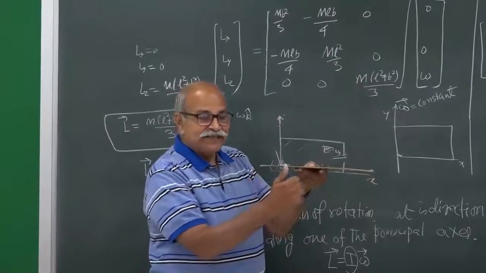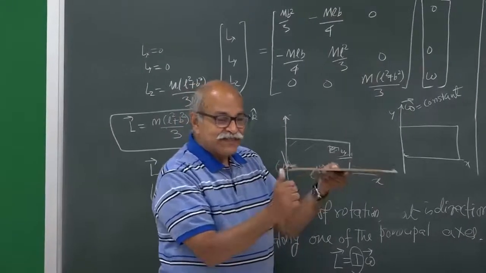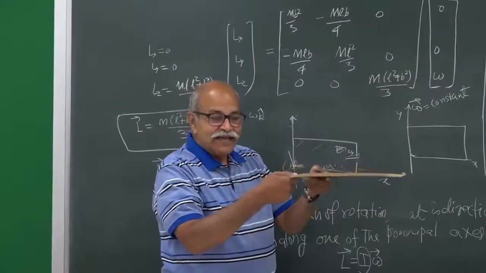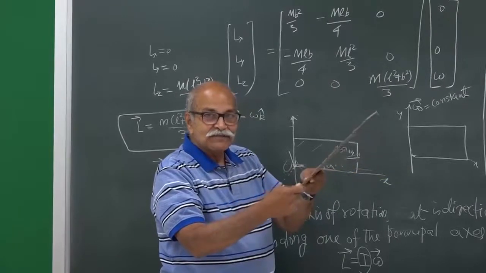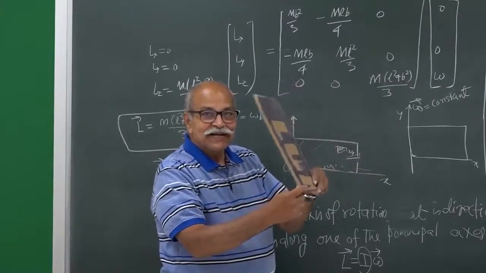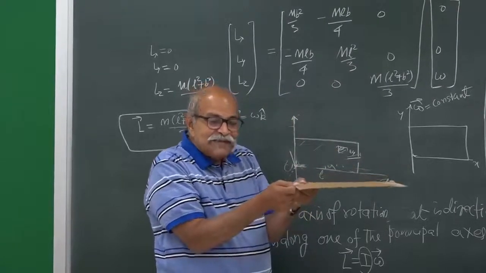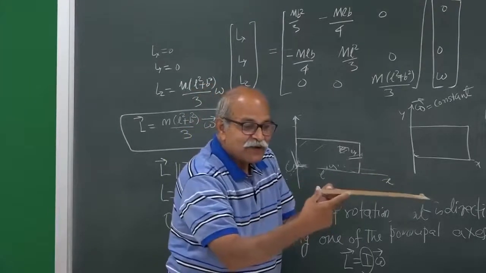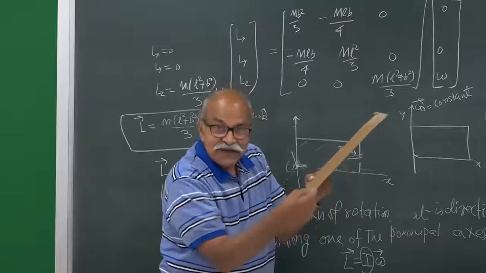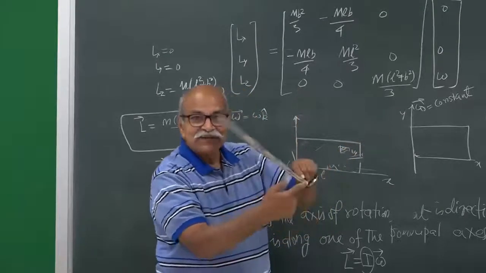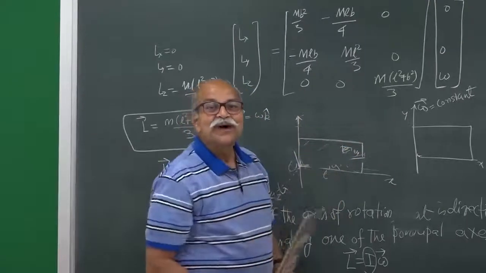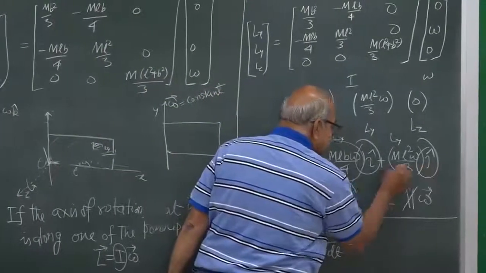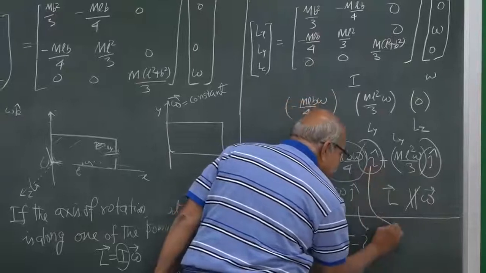This i cap is in this direction along the length and j cap is in this direction along the width, and as this rotates, this j cap does not change, but i cap changes. This is i cap now, and this is i cap now, and this is i cap now. So, as it rotates about the y axis, this j cap remains constant, but this i cap changes.